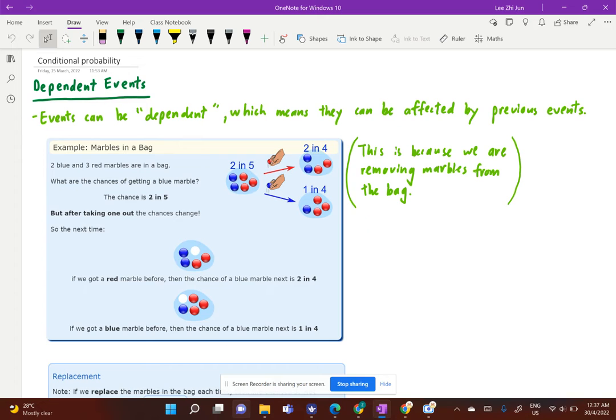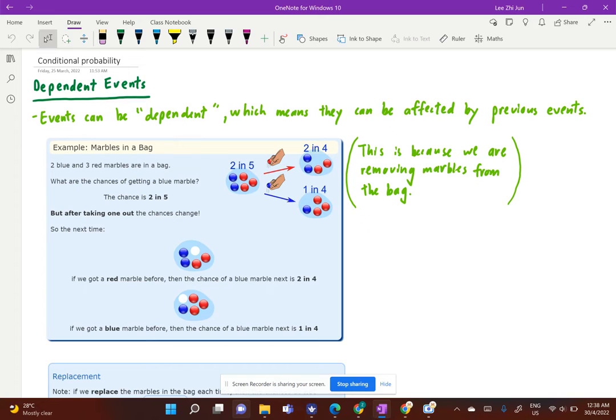Okay, for dependent events, the events can be affected by previous events. For example, marbles in a bag. Two blue and three red marbles are in the bag. What are the chances of getting a blue marble? The chance is 2 in 5, because there are two blue marbles in 5 marbles.